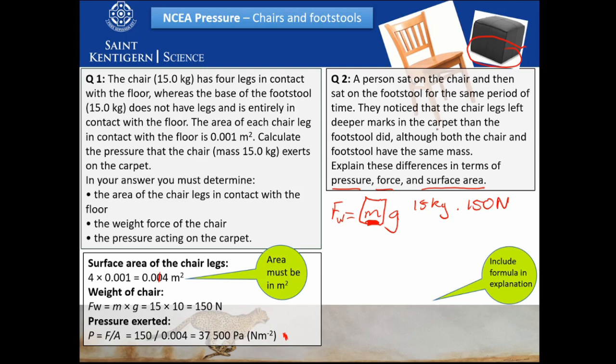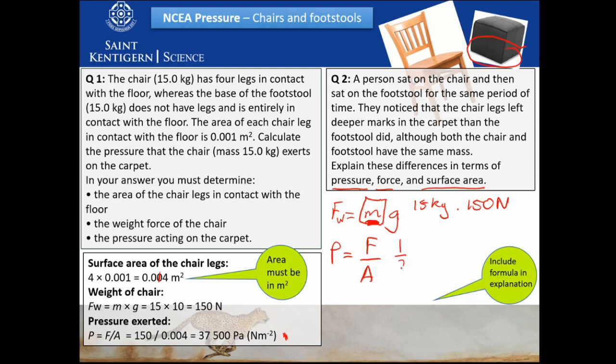So if both of them have the same force, why then the difference in pressure? And the reason for that is that pressure is force over area. And as the area increases, when the one under the line increases, it becomes a smaller and smaller and smaller number.